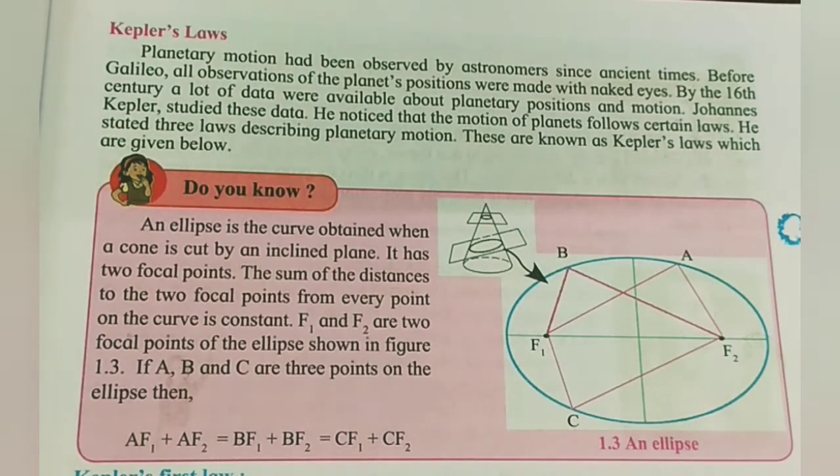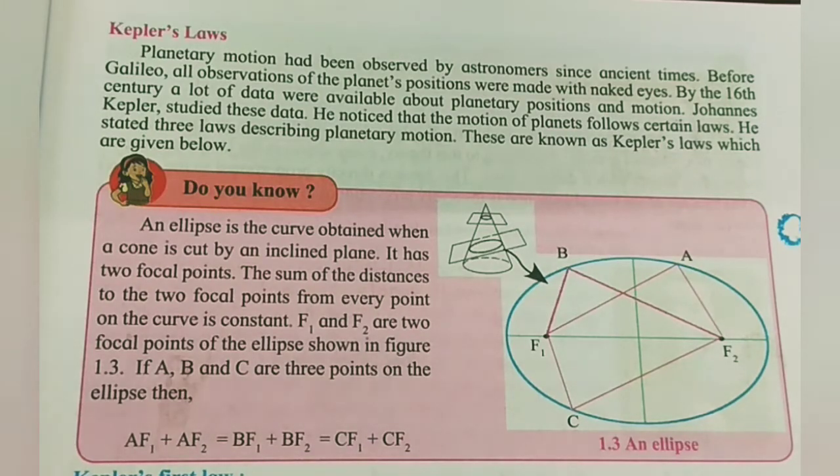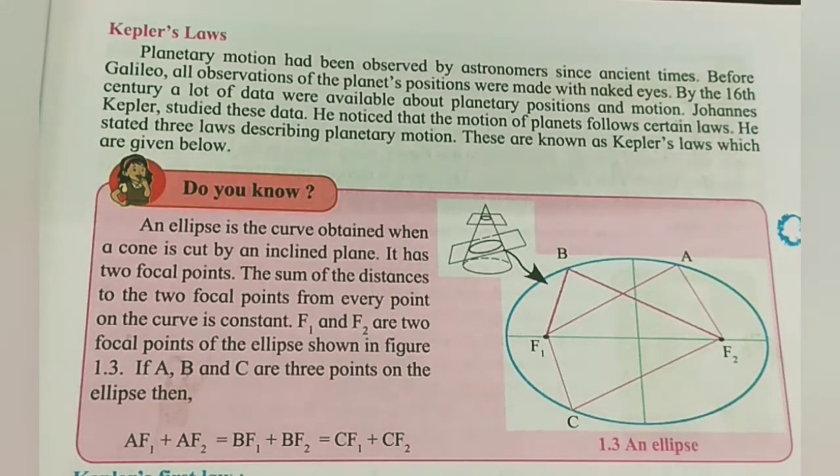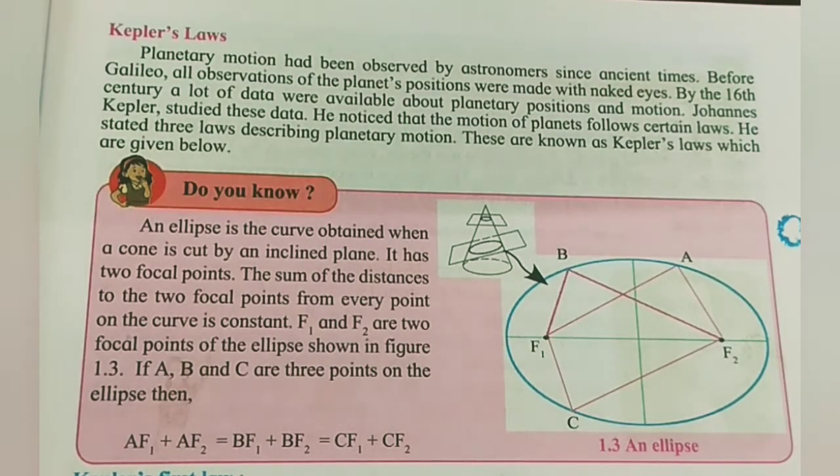When there were no telescopes like we have today, at that time planetary motion was observed just by naked eyes. But in the 16th century, the scientist Johannes Kepler studied all the data and he noticed that planets follow certain laws.